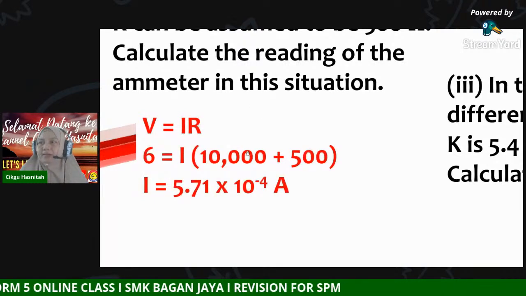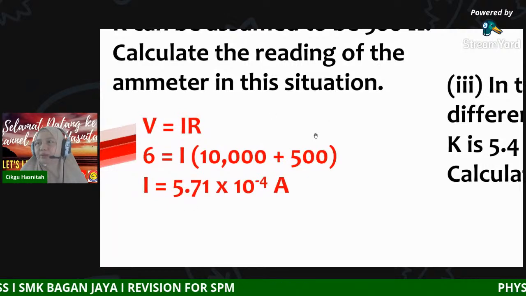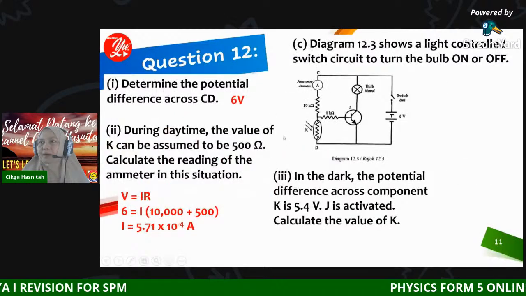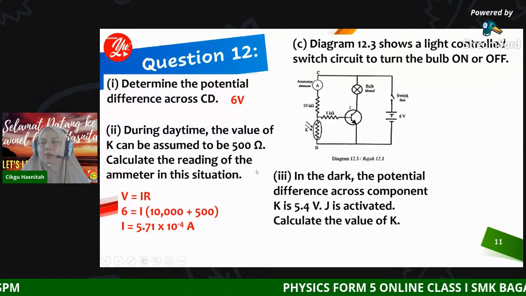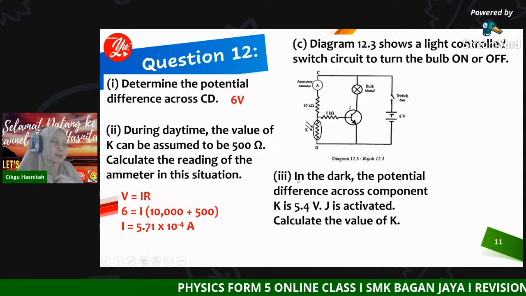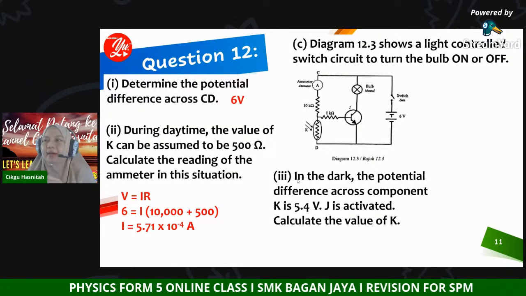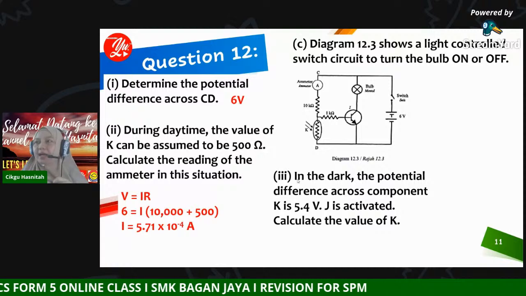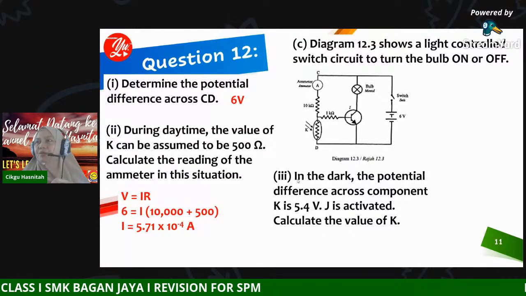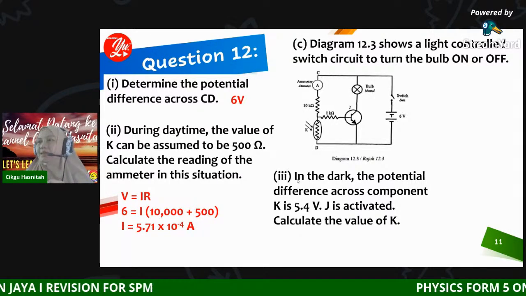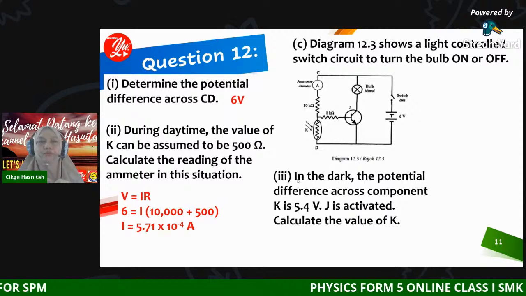Okay, next question. Question number 3. Now in the dark. Okay, thank you, Dylan. Correct. Now in the dark, the potential difference across component K is 5.4 volt, and J is activated.